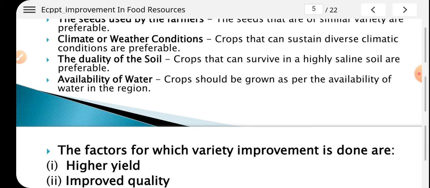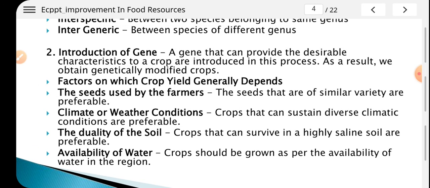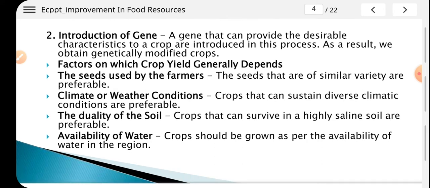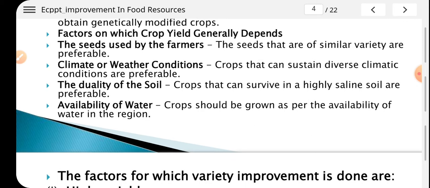Crop should be grown as per availability of water in the region. So introduction of the gene means such kind of gene will be introduced in that plant which can survive in the water. Durability of the soil means that in all such conditions it can survive. So such kind of gene may be introduced in that plant.